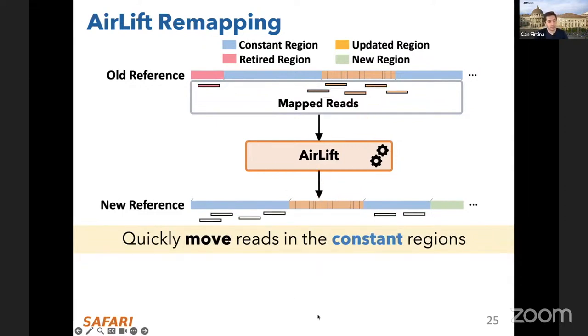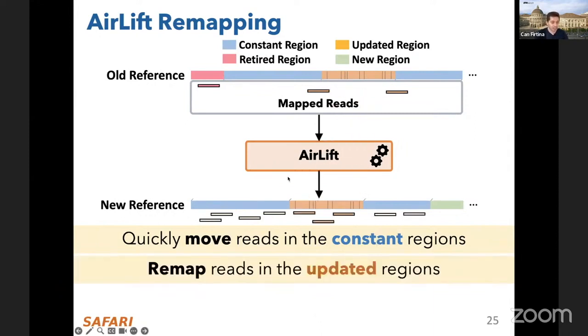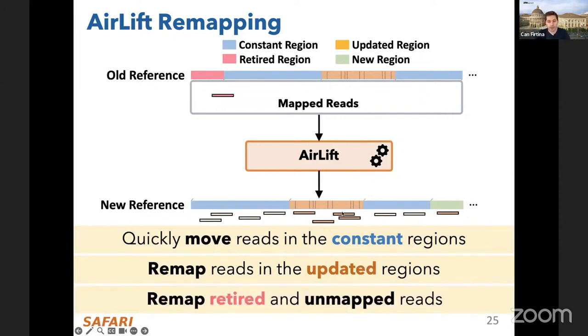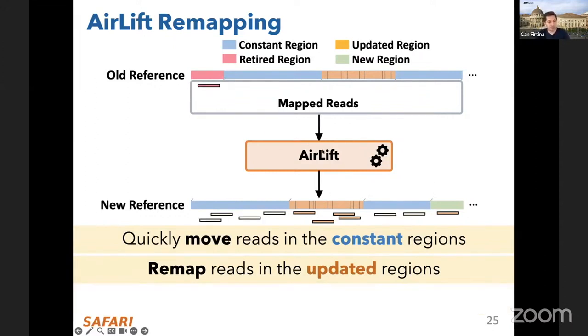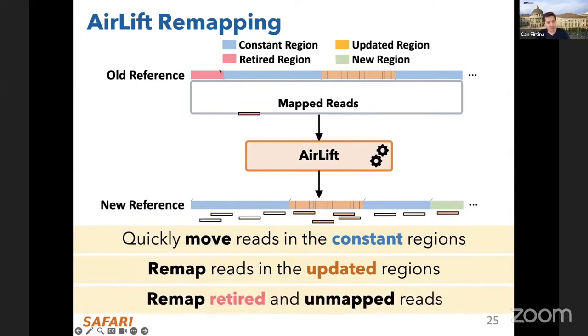And what we then do is that we remap the reads in the updated regions. Those reads could be mapped to the same or similar regions, or they could be mapped to the new region, or they could be mapped to the updated region but some other position in the updated region. And then last, we remap the reads in the retyped region to the new reference genome, so that we give them a second chance to be remapped.